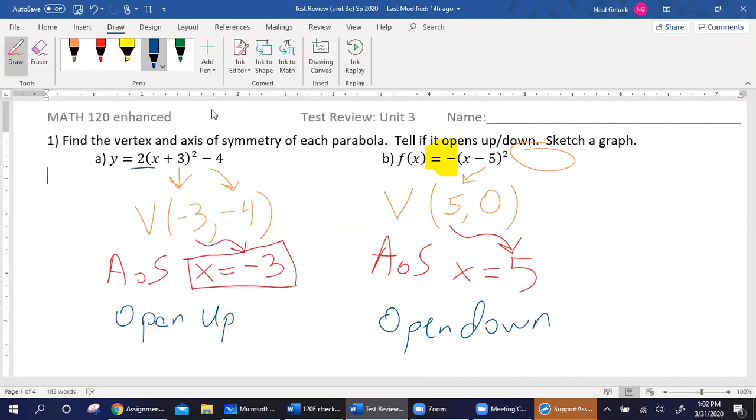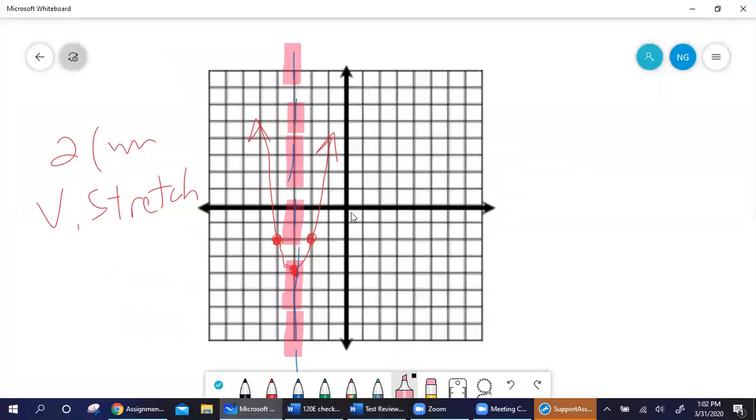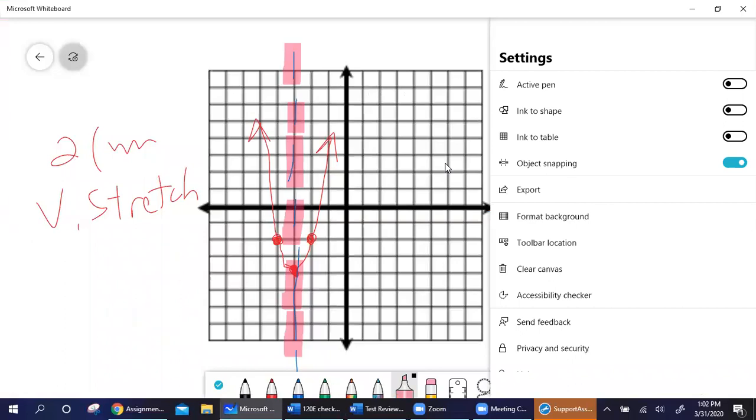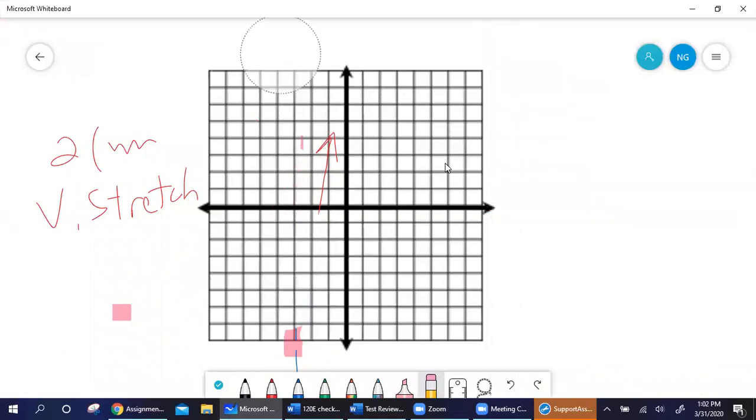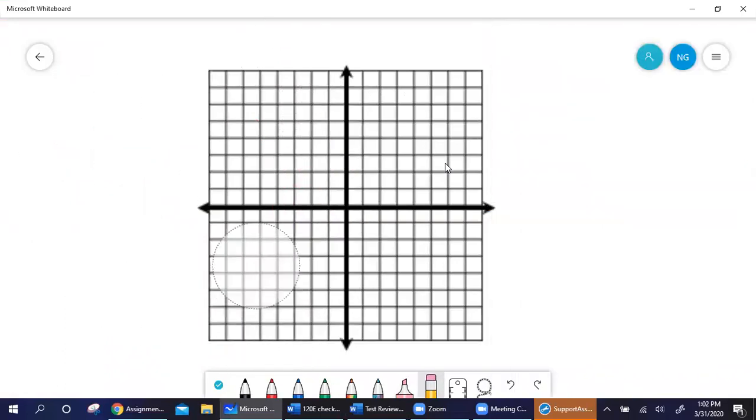So for a quick sketch of this one, get all this out of here. Our vertex is at 5, 0. We're opening down.